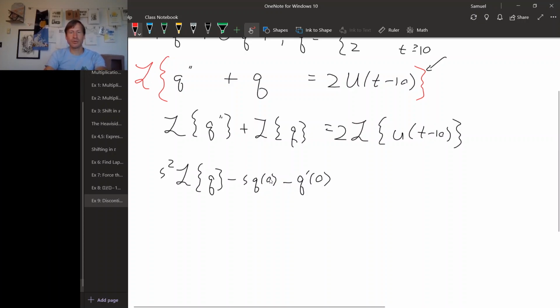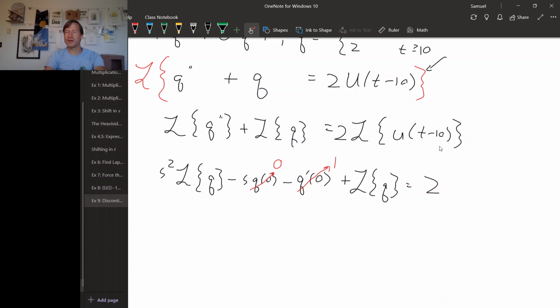And q of 0 is an initial condition, and we said that the initial charge was 0, and the initial current was 1, so we can put our initial conditions in there, plus the Laplace transform of q equals 2 times, now the Laplace transform of u of t minus 10, this is a shifted function multiplied by a step. The shifted function in this case is just the constant function 1.